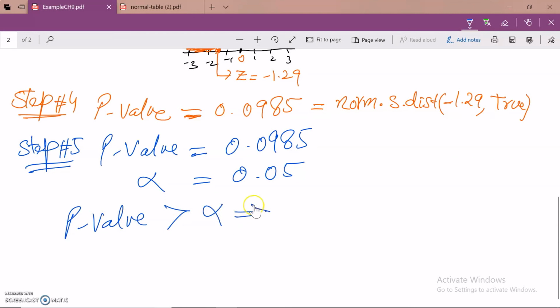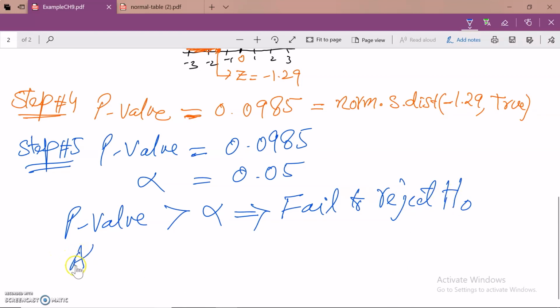So what is the conclusion? The conclusion is if the p-value is greater than alpha, we fail to reject our null hypothesis. So what are we going to say?